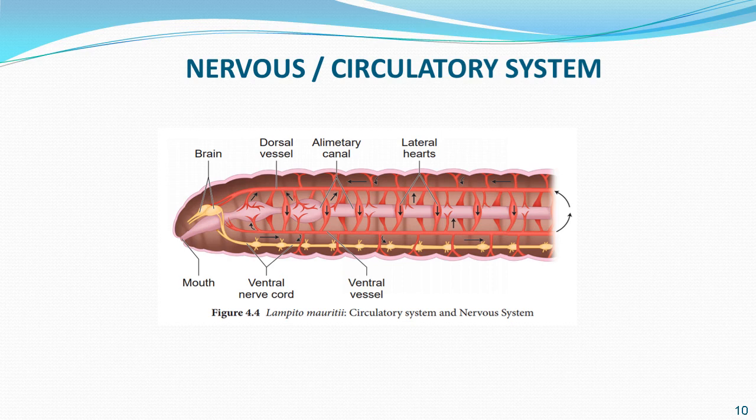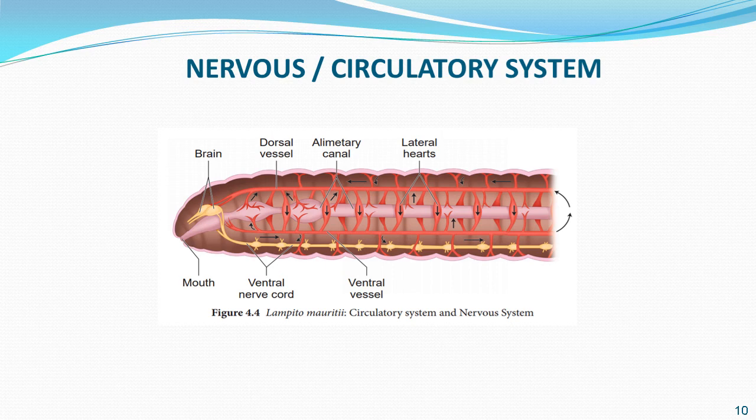In the case of the circulatory system, can you watch on the dorsal side, one long blood vessel is there. Meanwhile on the ventral side, in red color, one long blood vessel is also there, right? The dorsal blood vessel moves blood forward and the ventral blood vessel moves blood in the backward direction, okay?